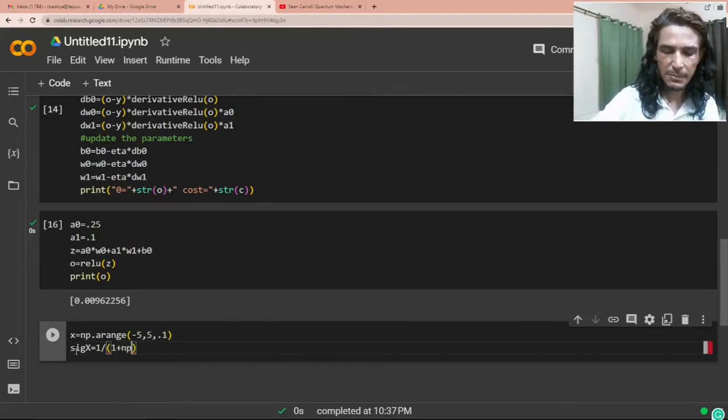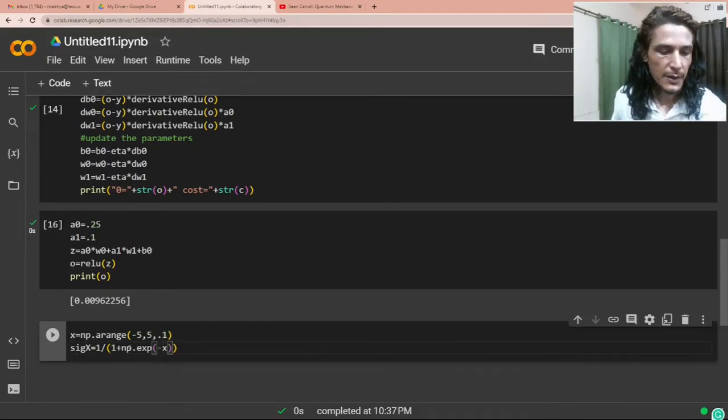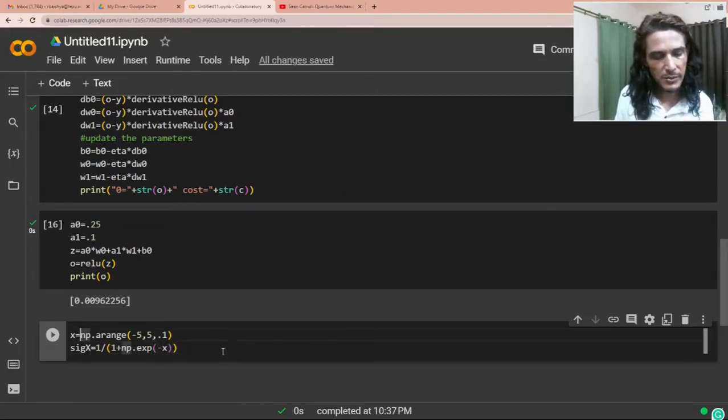So you can write numpy dot exp of minus x. Since x is an array, you can perform all these element-wise operations in a single go by writing sigmoid of x equal to that.